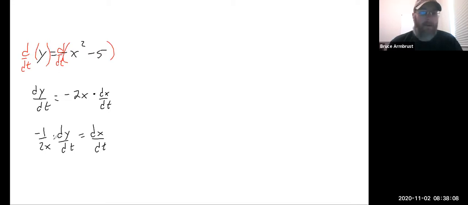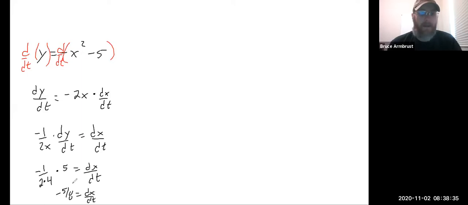And now we can put in the information we were told. We wanted to find this rate of change when x was equal to 4, and we were told that dy/dt was equal to 5. So 2 times 4, of course, is 8. So we get minus 5/8.